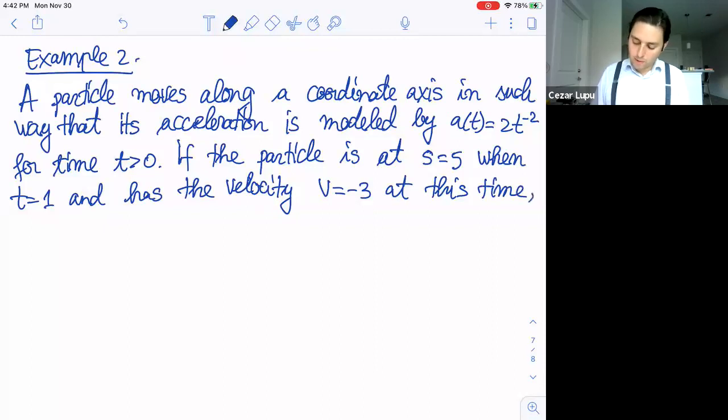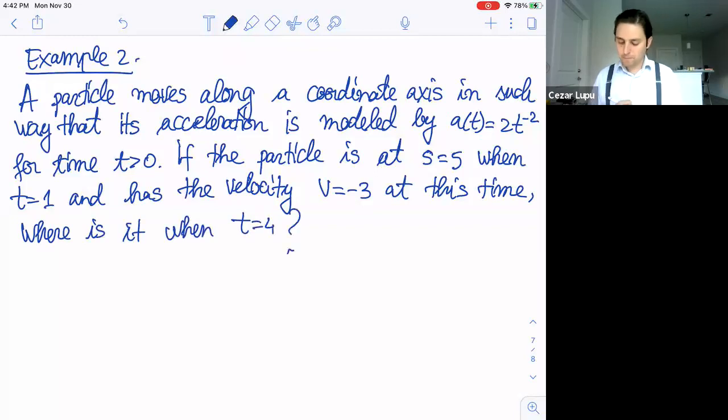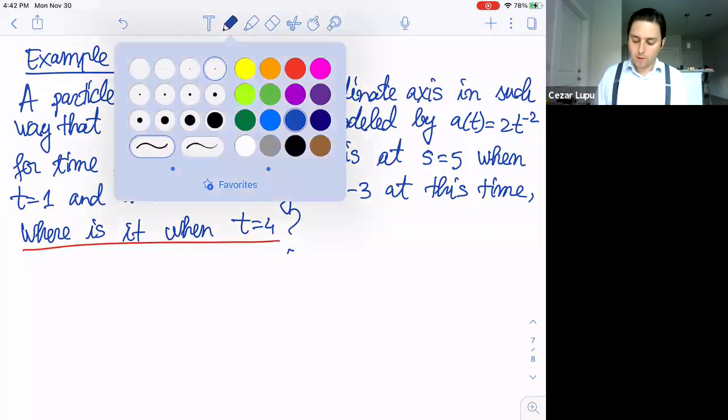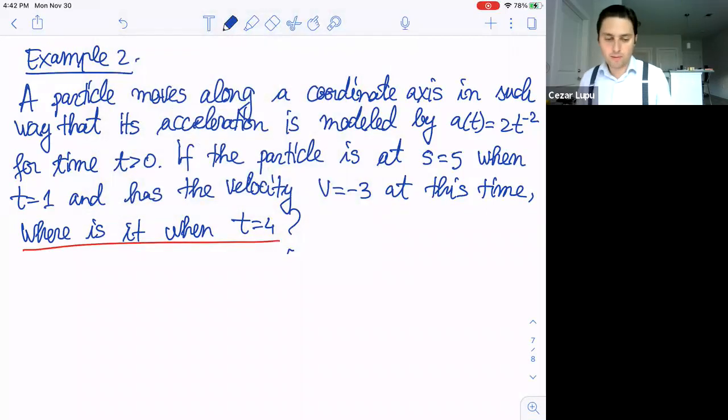So we're asked, where is it when t equals 4? So that is the question we need to answer: where is it at t equals 4? All right, let's translate everything.